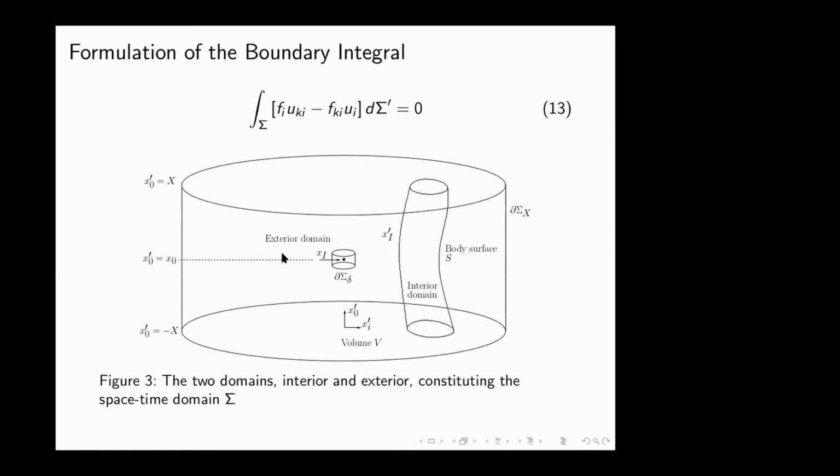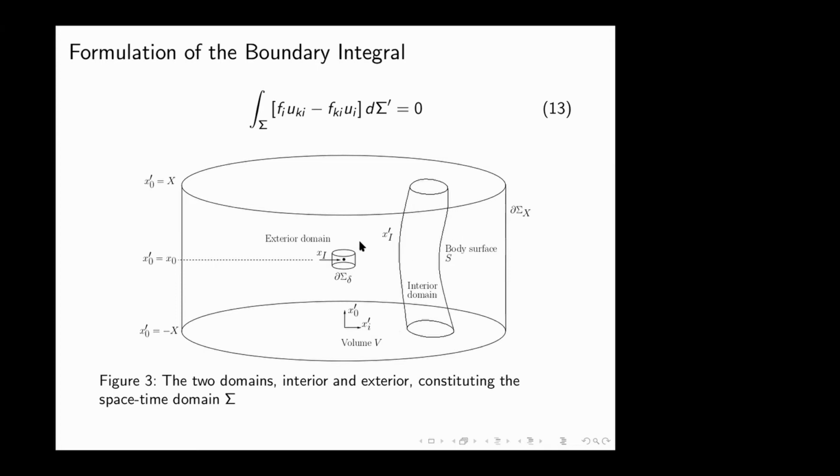And then if we look again at the space-time diagram, so from figure 3, so the point xi we've excluded from the domain sigma by putting a small boundary around it, and we have a boundary at a particular time at minus x here, and then another boundary for the body itself.